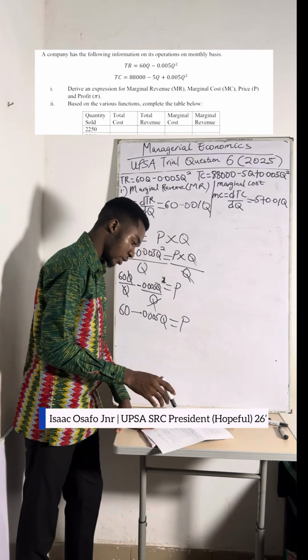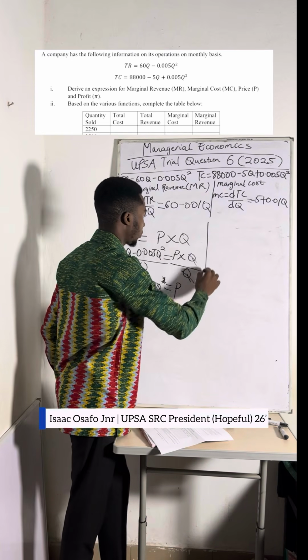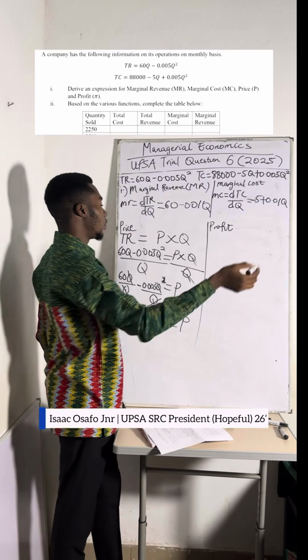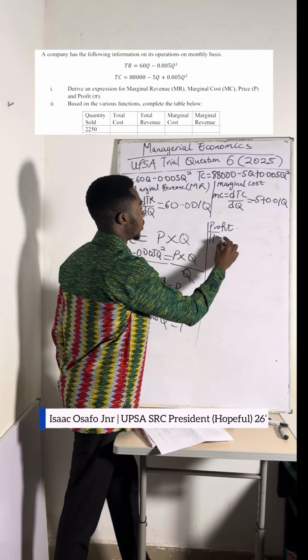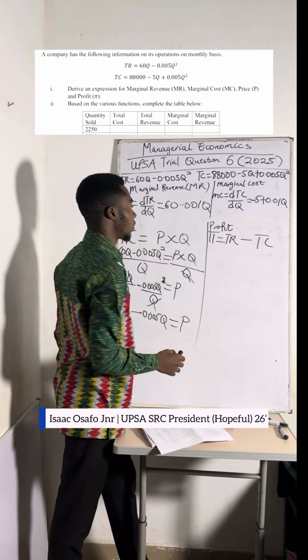So marginal revenue, marginal cost, price, and profits. So let me do profits here. So now what do we know? We know that profits, which we are going to represent by pi, is equal to total revenue minus total costs, right?